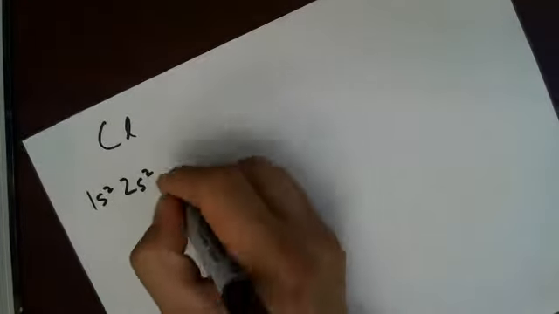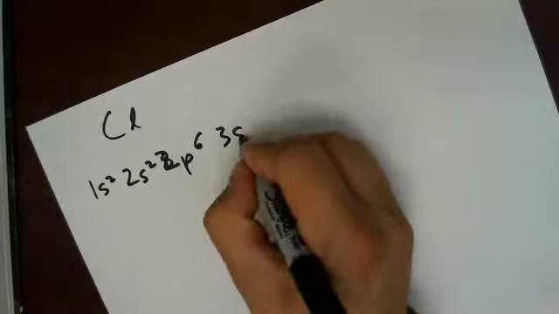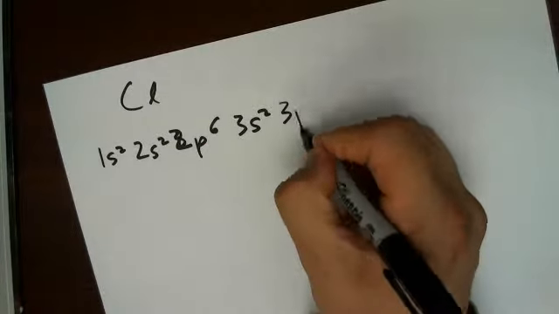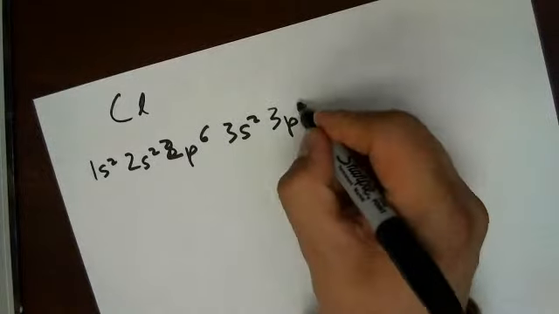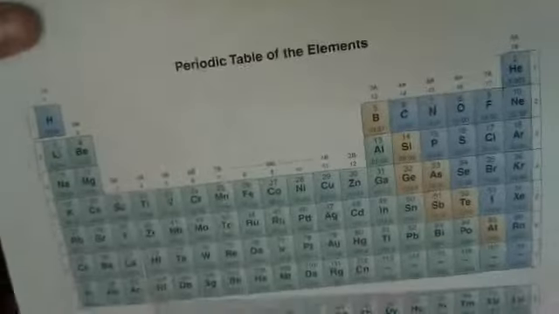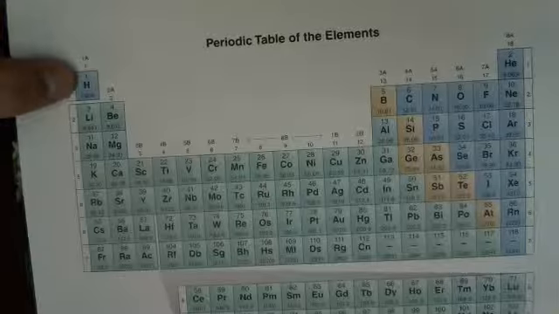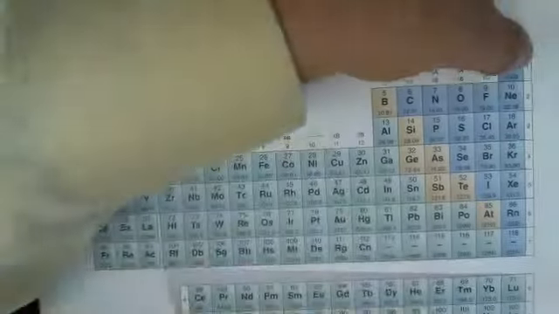If we have a look at chlorine, the electronic configuration is 1s2, 2s2, 2p6, 3s2, 3p5. If we look at the periodic table here, we'd have our 1s2 for hydrogen and helium.